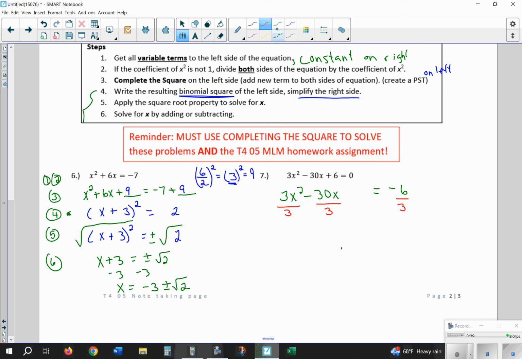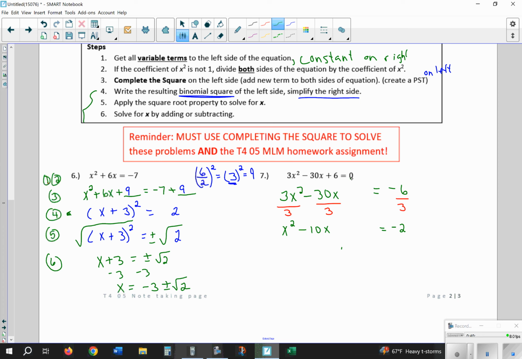Now, you could have done the division step first and then moved the term. Doesn't make any difference. What does make a difference is the fact that everything gets divided, even if you did it from this step, because you've got to show me that what you do to one side you do to the other.